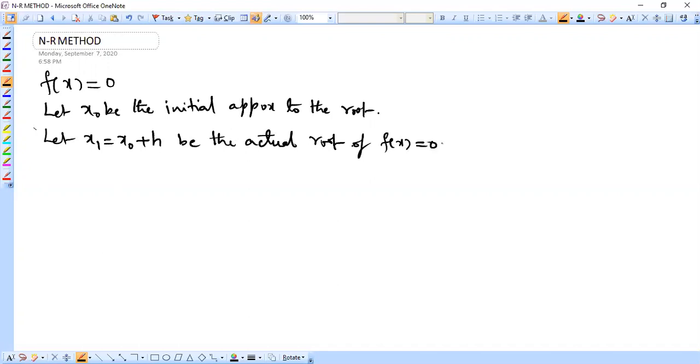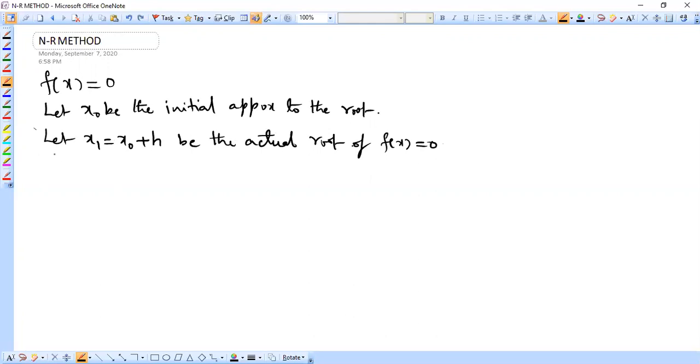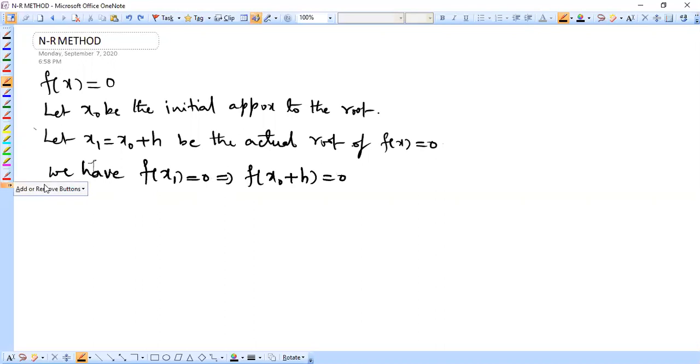Since x1 is equal to x naught plus h is the actual root of f of x is equal to 0, what do we have? f of x1 is equal to 0. This implies f of x naught plus h is equal to 0.